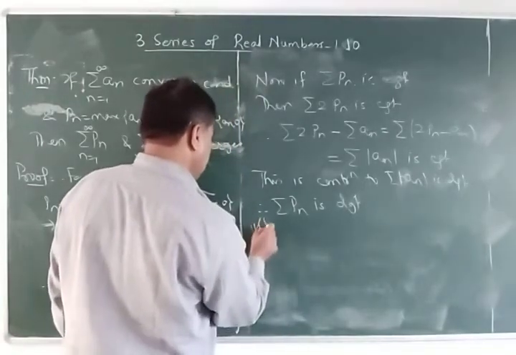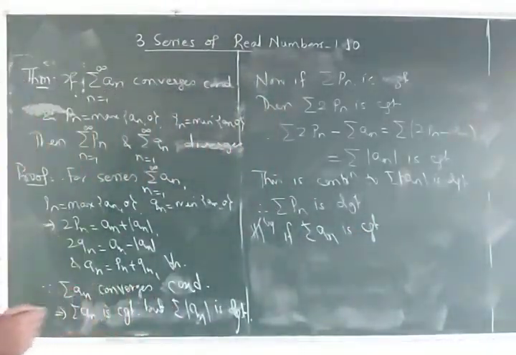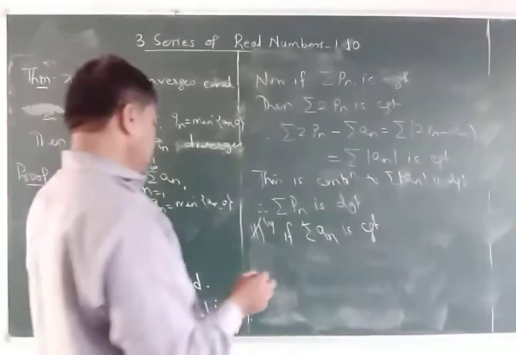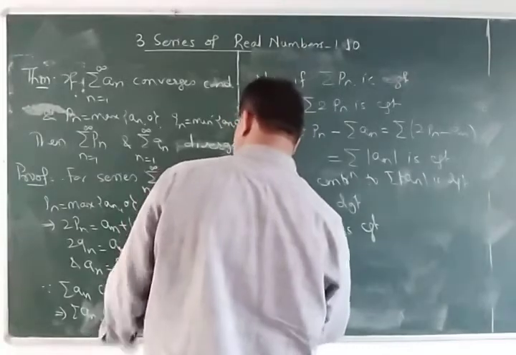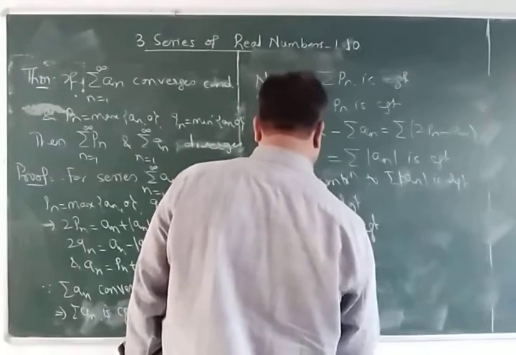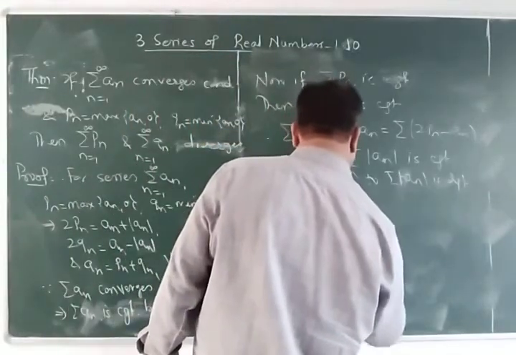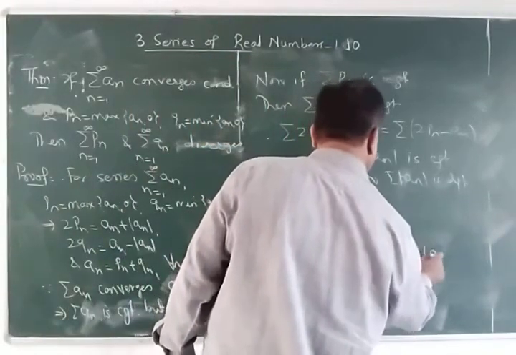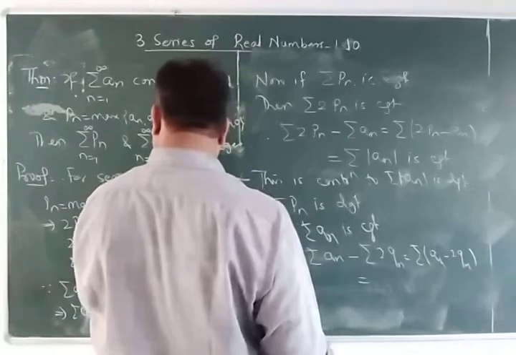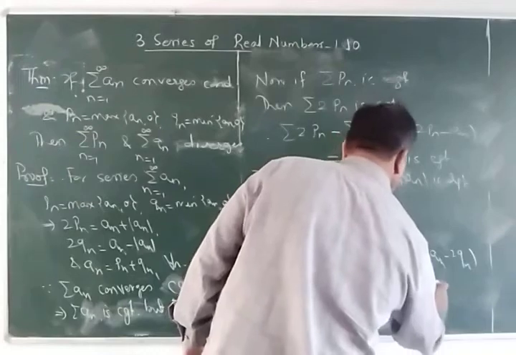Similarly, if summation Qn is convergent, then summation of n minus summation of 2Qn is equal to summation of (n minus 2Qn), which comes to be summation mod n, is convergent.